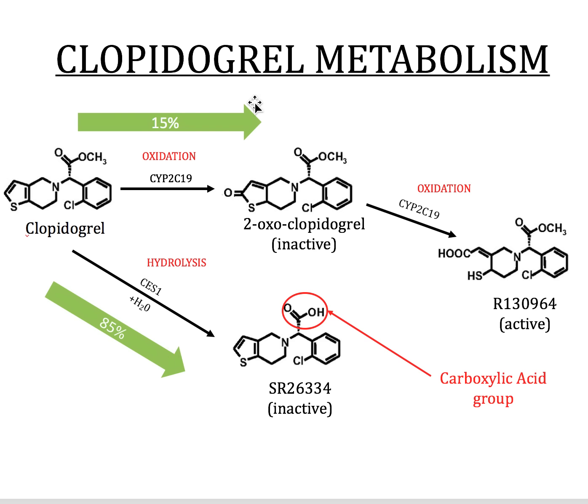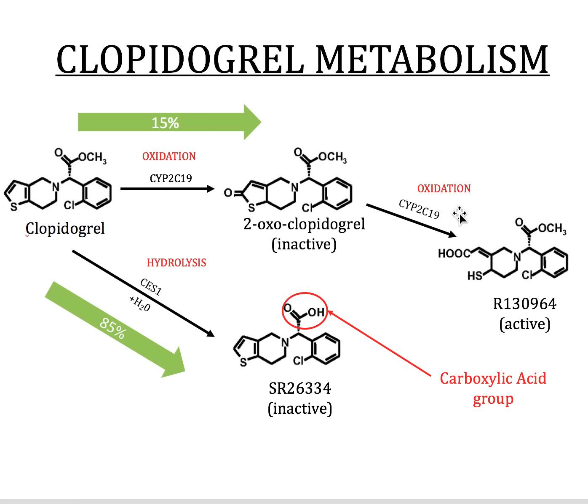Clopidogrel's metabolism usually takes place via cytochrome P2C19, if you remember, 18 and 19 and 15%. But hydrolysis via carboxylesterase 1 can cause it to become the inactive state, SR26334.